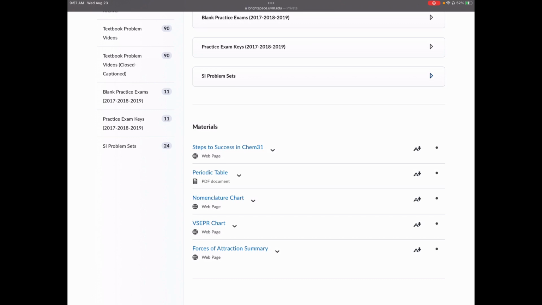A periodic table as just a guide for you to always have. And then the one at the very top of that is steps to success in Chem 31, which is basically me saying what I've already said, but walking through it in a document about what you should be doing, how you should be practicing, etc.